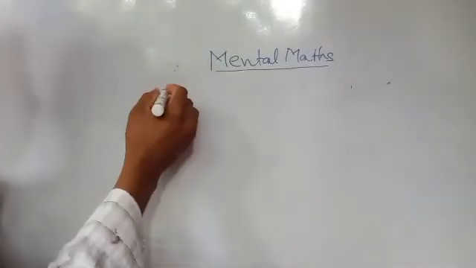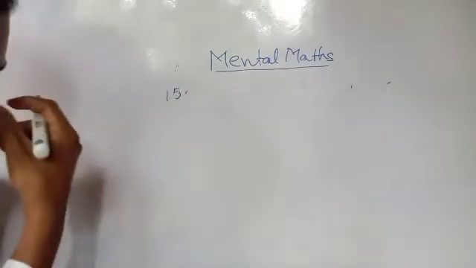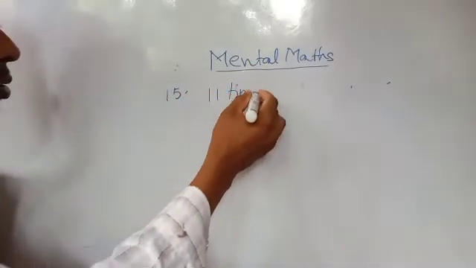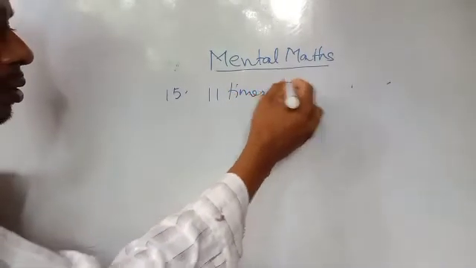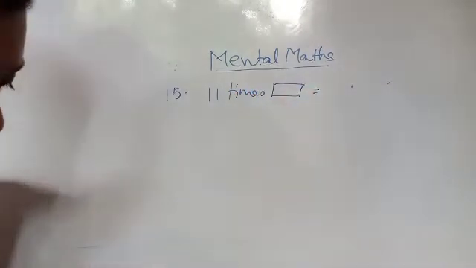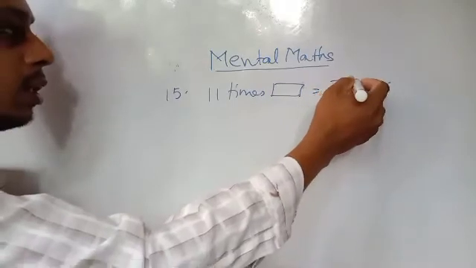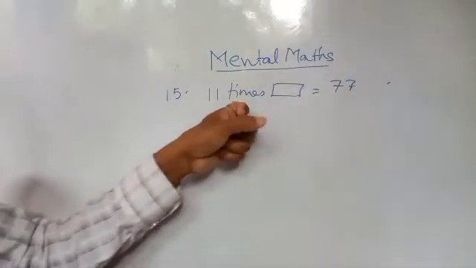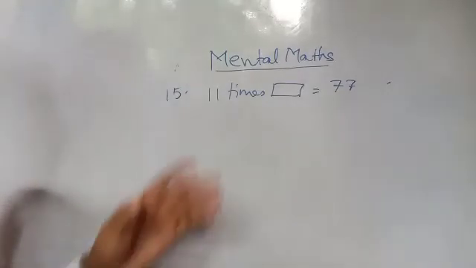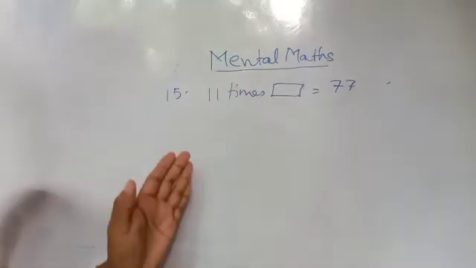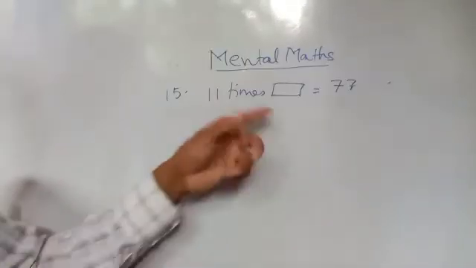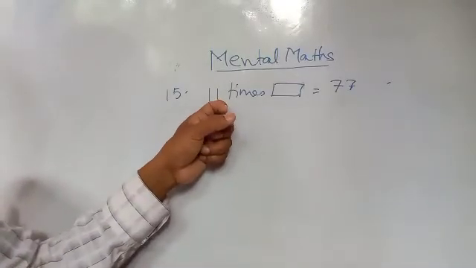Now number 15. 11 times dash is equal to 77. 11 times means a number you have to multiply by 11. Just as 2 times means the number will be multiplied by 2, similarly 3 times, 4 times.